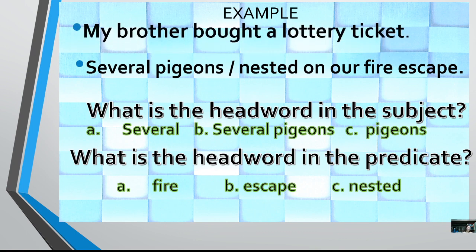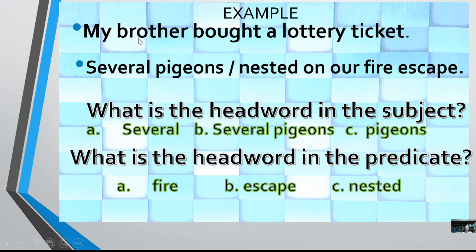Okay, what are we going to do here? In sentence number 1, my brother bought a lottery ticket. I'd like you to put a slash mark to separate the subject and the predicate of this sentence, and then underline the headword in the subject part and underline the headword also in the predicate part.